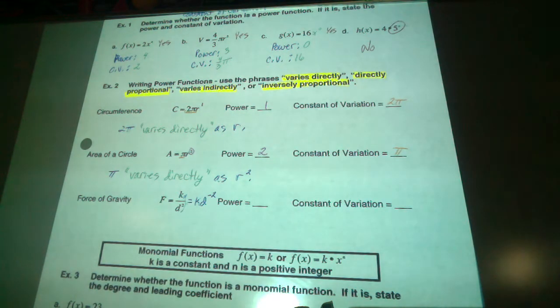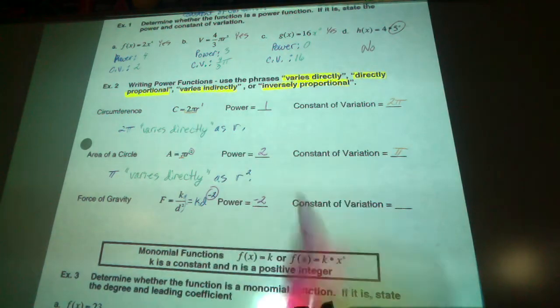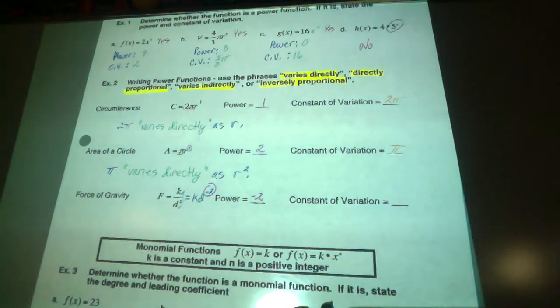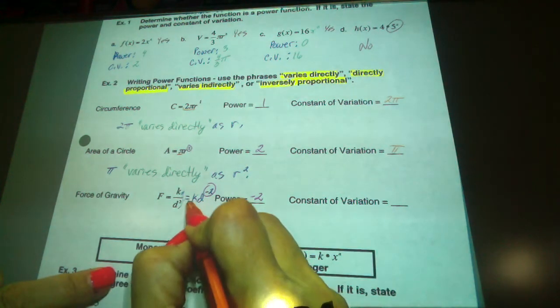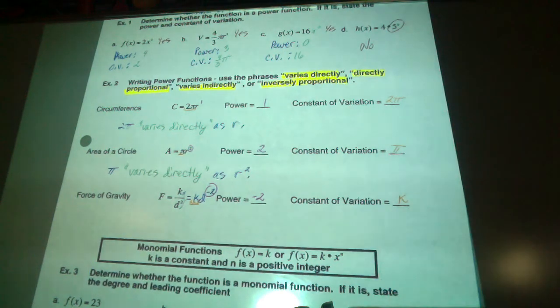All right, so what's the power? -2 is the power. This is the weird one I was talking about. What's the constant of variation? It's whatever is not the power. So the power is the base and the exponent, if we consider the whole power together. So in this case, the k has to be the constant variation. Normally it's not a variable, but this is a formula.